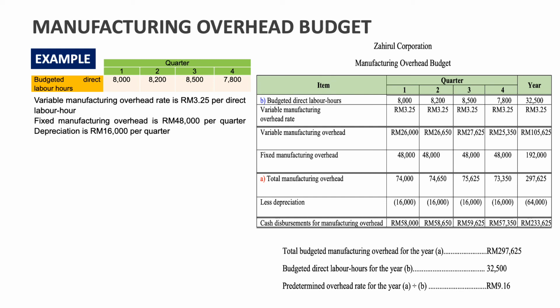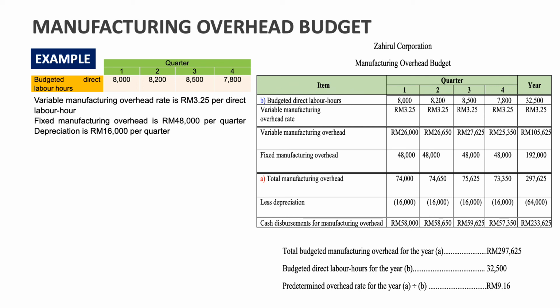And then fixed manufacturing overhead will be standard throughout. So if you notice, variable manufacturing overhead rate will be the same throughout, but it will change according to number of hours.